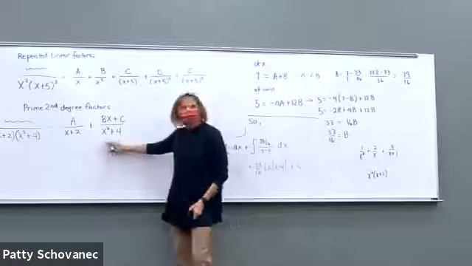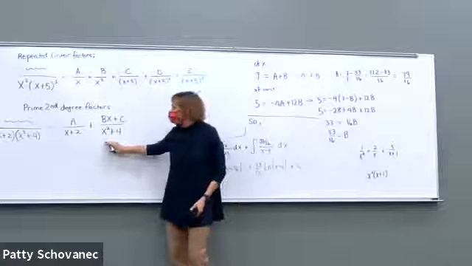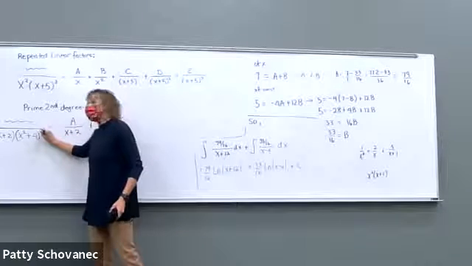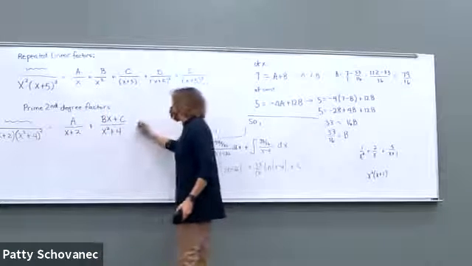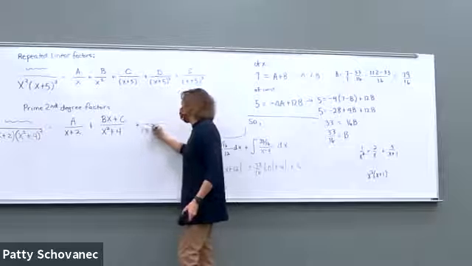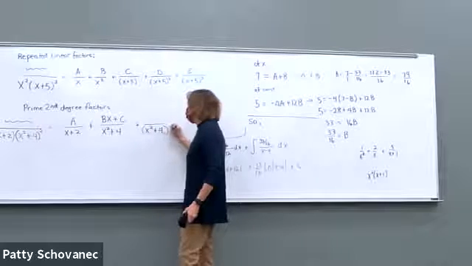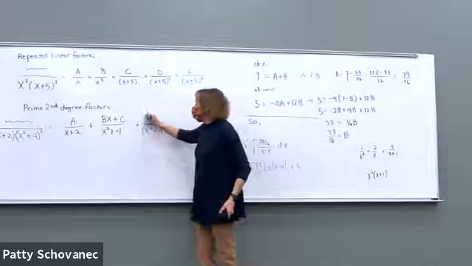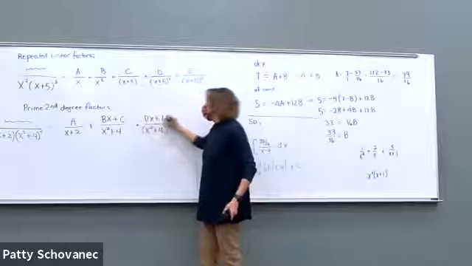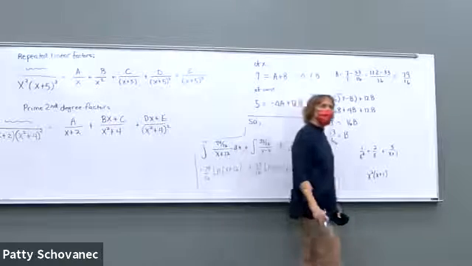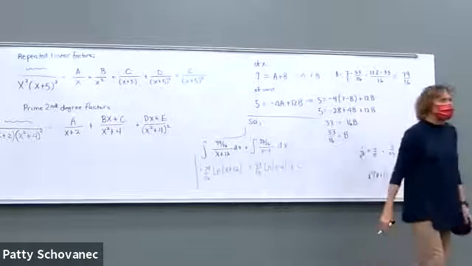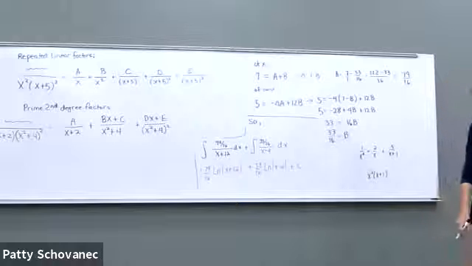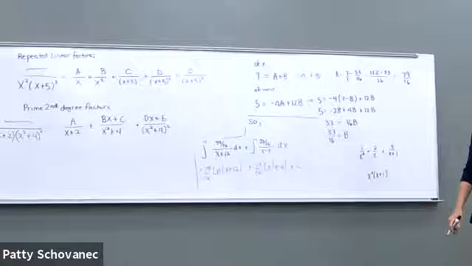If I have a repeated second degree factor, suppose I had this to the second power, then I got to stick another feller over here with a different linear factor on top. Good thing there's 26 letters in the alphabet. I can keep going with capital letters up there. Okay?